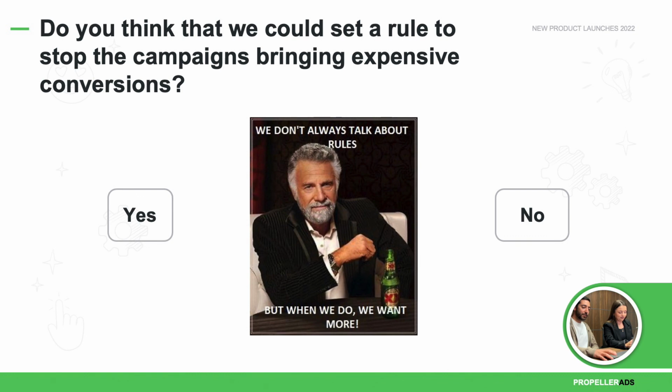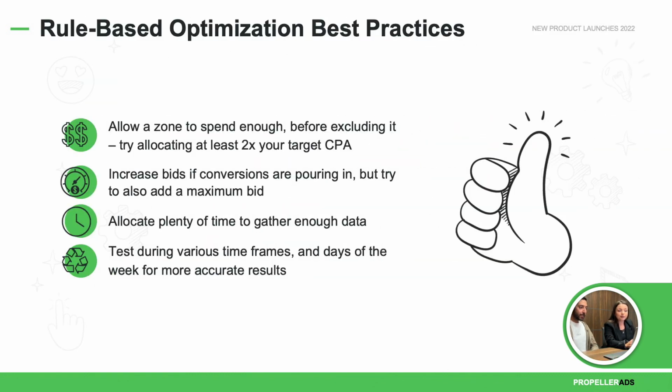All right, moving on. Best practices. Allow a zone to spend enough. Before excluding it, try to allocate at least 2x your target CPA. It's the same as we had in the example. Give it some space, give it some more. Don't worry if your CPA on a specific zone is like 10 cents bigger, because on another one it can be 50 cents less.